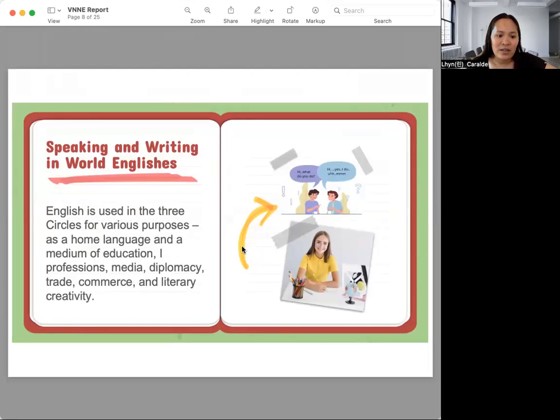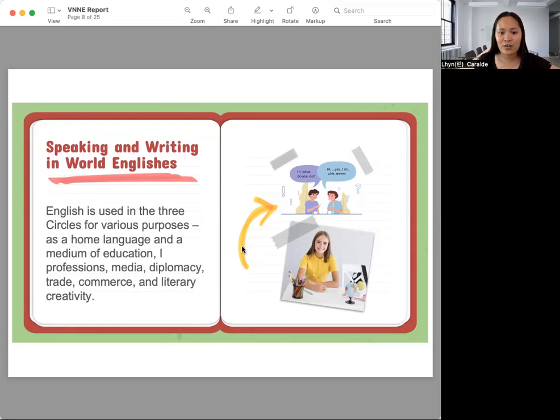Speaking and writing in world Englishes. English is used in the three circles for various purposes: as a home language and medium of education, professions, media, diplomacy, trade, commerce, and literary creativity. As we remember the three circles, we have the inner circle, the first one, the smallest round, and the outer circle.